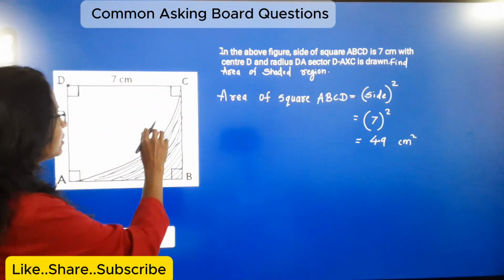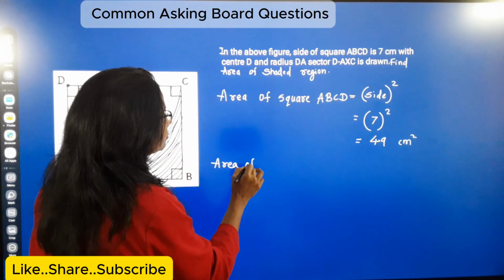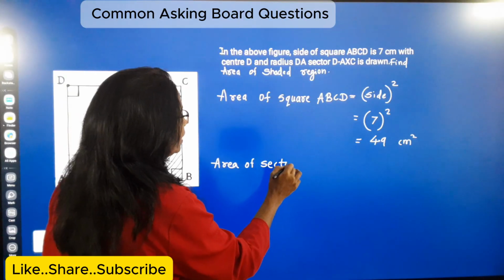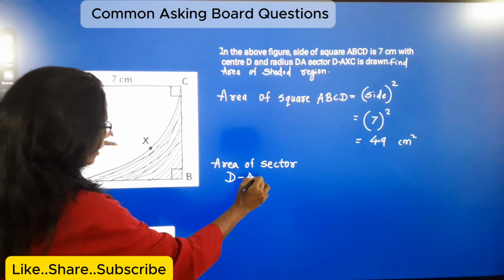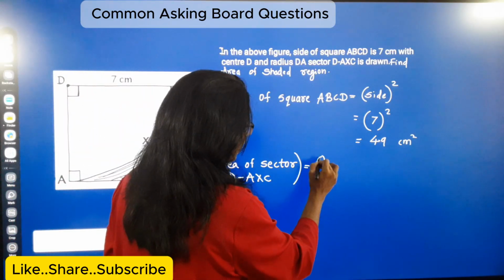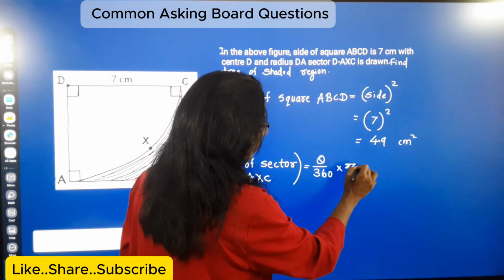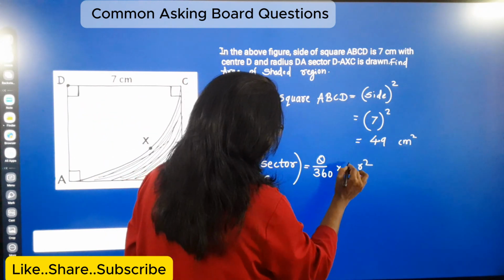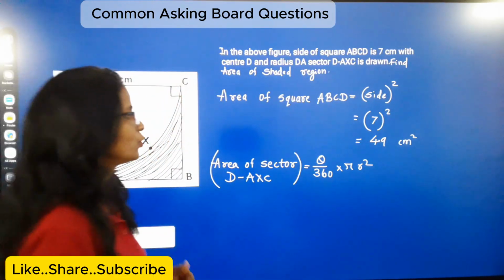Then, students, area of sector DAXC is equal to theta upon 360 multiply pi r square. This is the formula. Remember this formula, students.